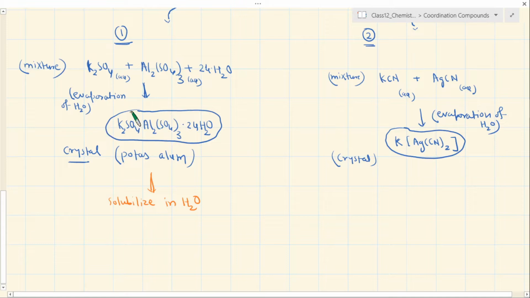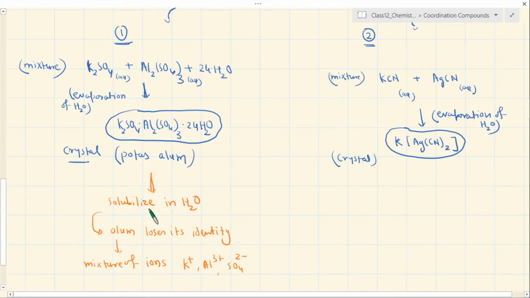Now, if you take this potassium or potash alum, or alum in general, and solubilize it in water, this crystal of alum loses its identity, and it gives the mixture of ions which are possible from it, which is potassium, aluminium 3+, and sulfate 2-.